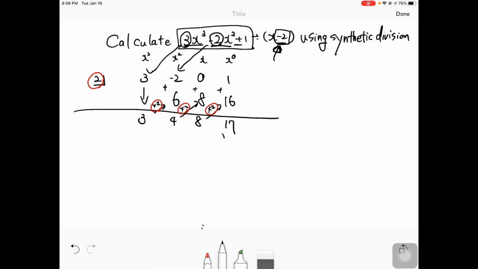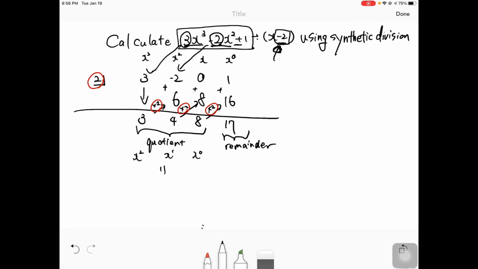And please make sure the last one is the remainder. Then these 3 are the quotient. And the degree of the quotient: the first one is x to the power of 0, the next one x to the power of 1, third one x to the power of 2.